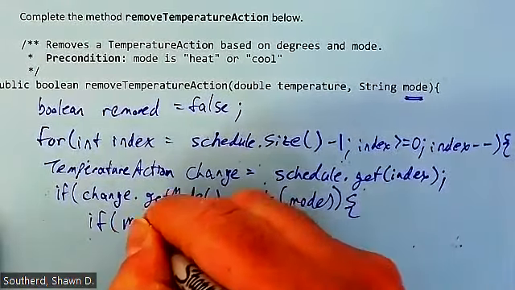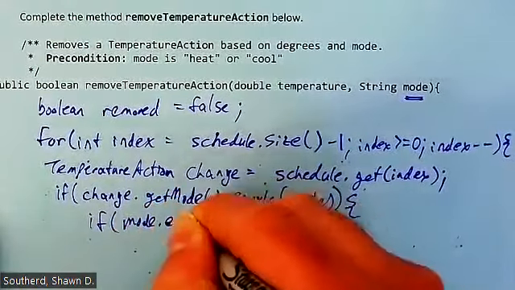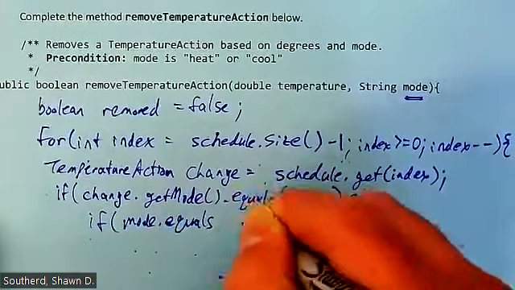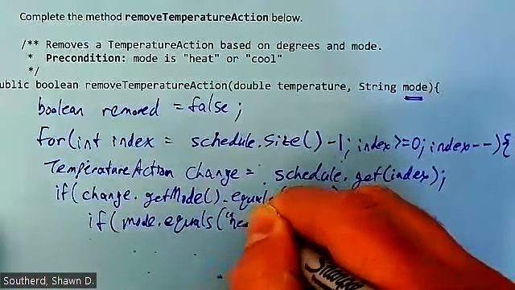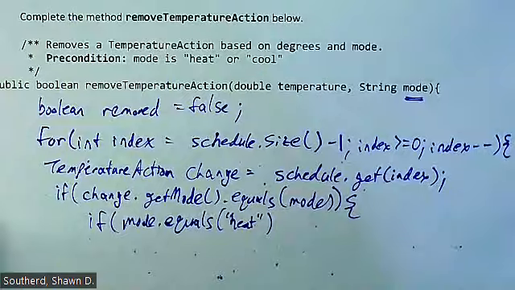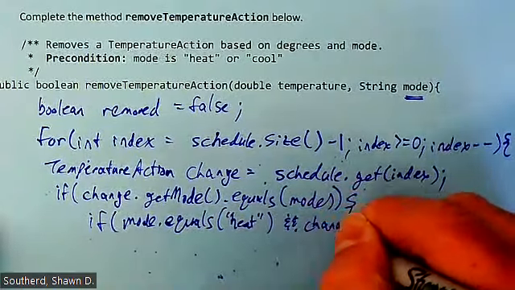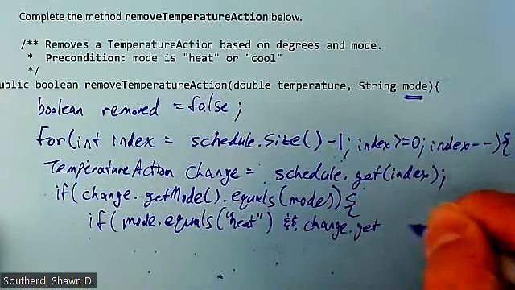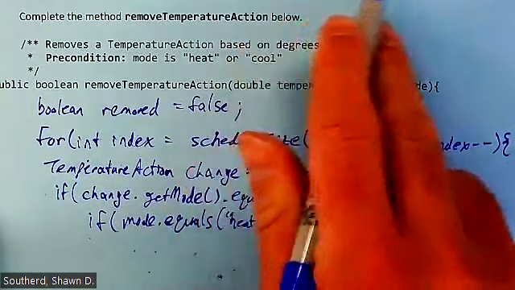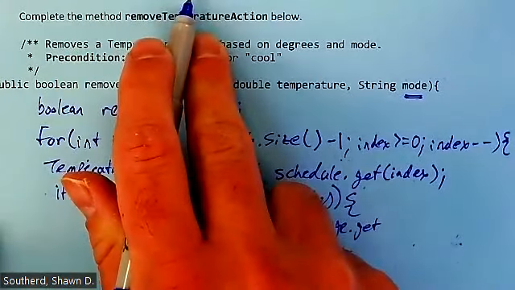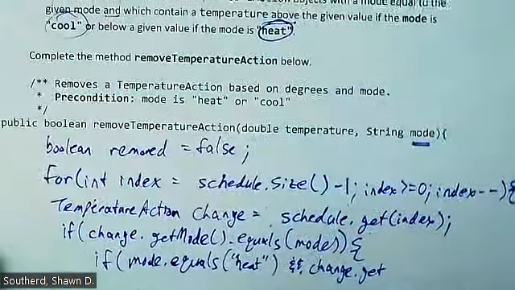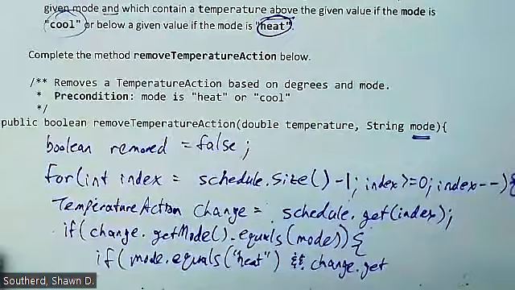So if mode dot equals heat, and we get that more important thing, which is change dot get temperature, right? Because when it's on heat, it tells you right here that if it's below a given value when the mode is heat, that's something we need to check for in this condition.